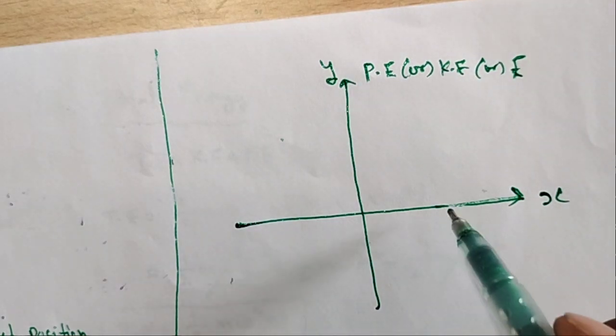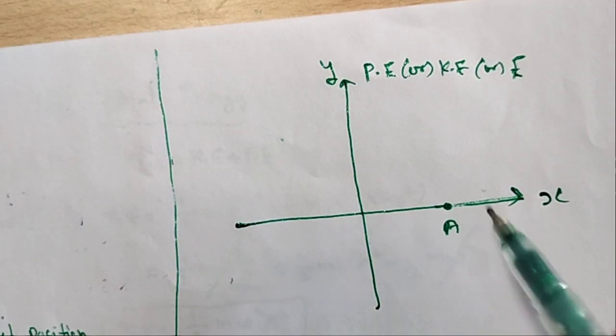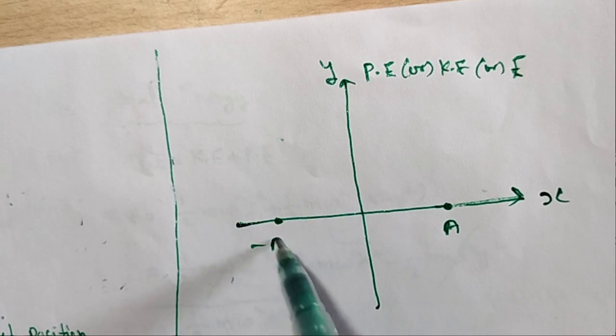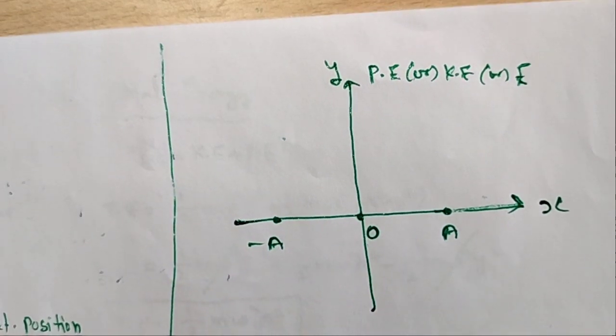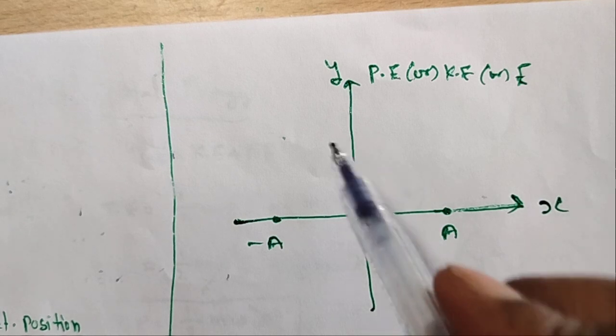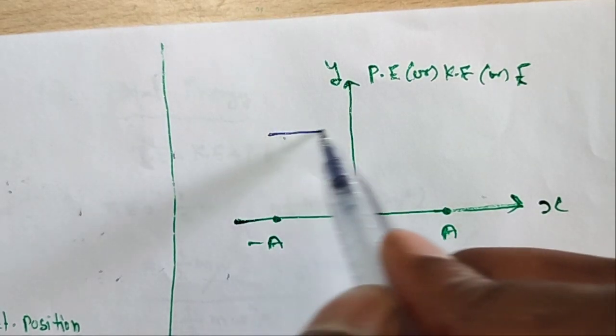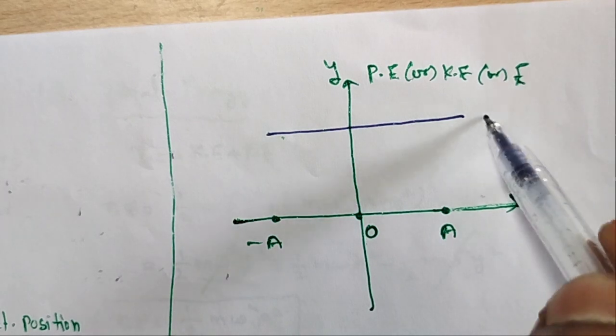This is the extreme position, this is the minus a position, and this is the mean position. First, the total energy is always constant, E.